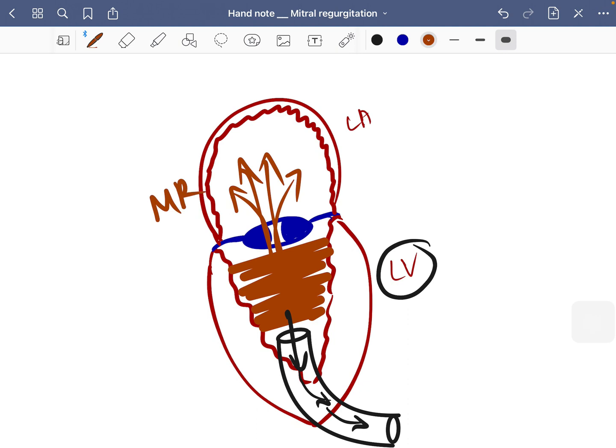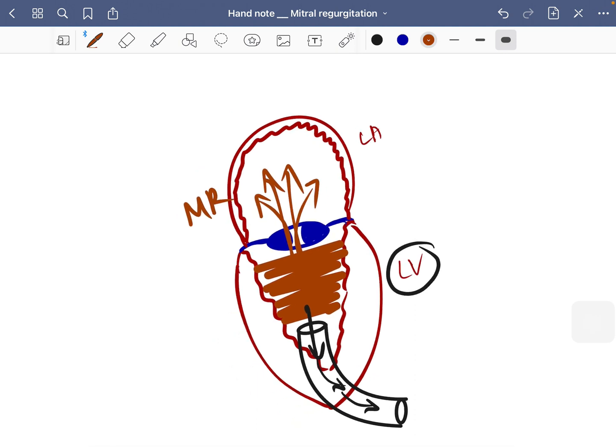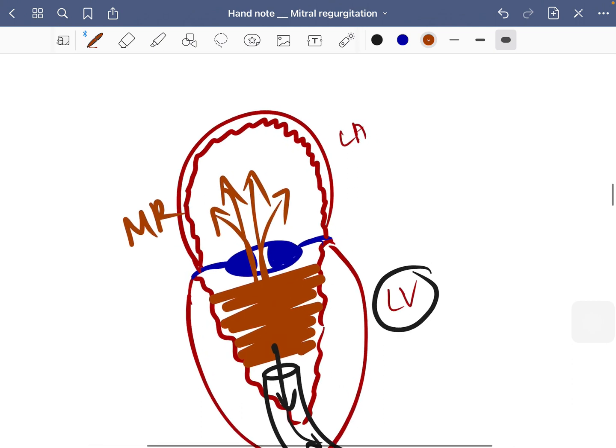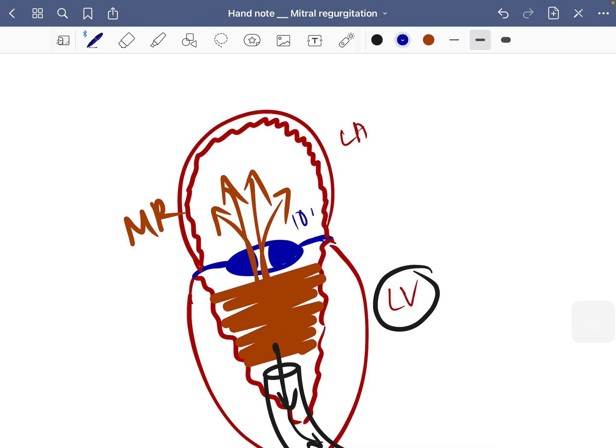So what will happen in the next cardiac cycle? Suppose 10 ml of blood has come into the left atrium from the left ventricle.